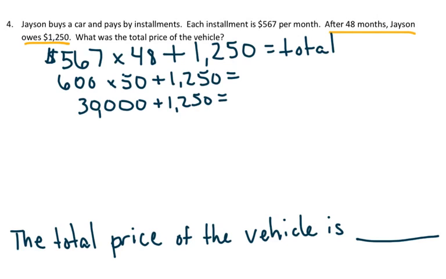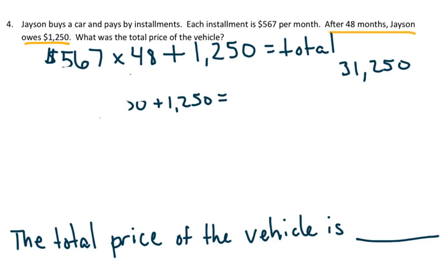So the reasonable estimate, I'm just going to write over on the side so I can erase the board, is around $31,250. That's the reasonable estimate for the car. So let me erase that. It's going to be less than that because we're only multiplying it by 48 instead of 50, and we're multiplying 567 instead of 600. So I know my answer is going to be less than that.